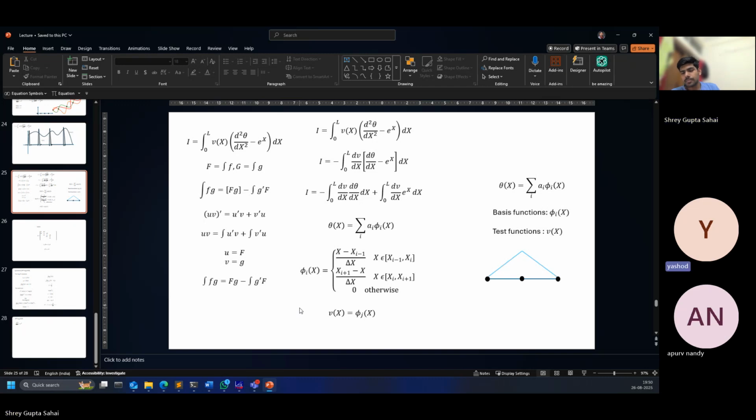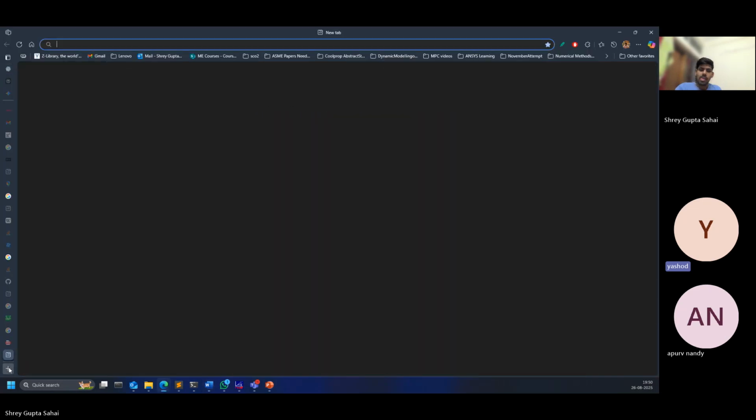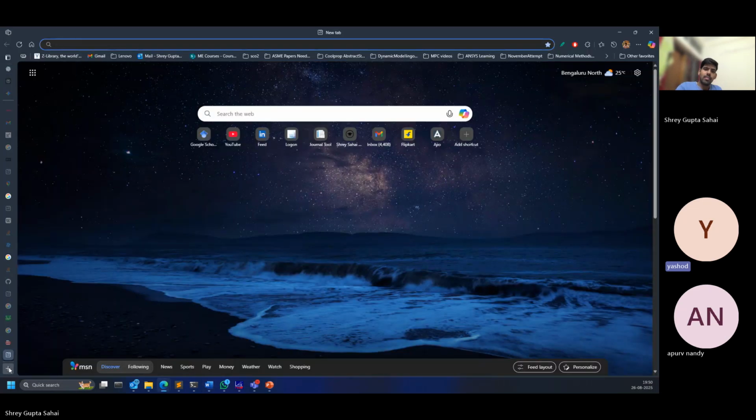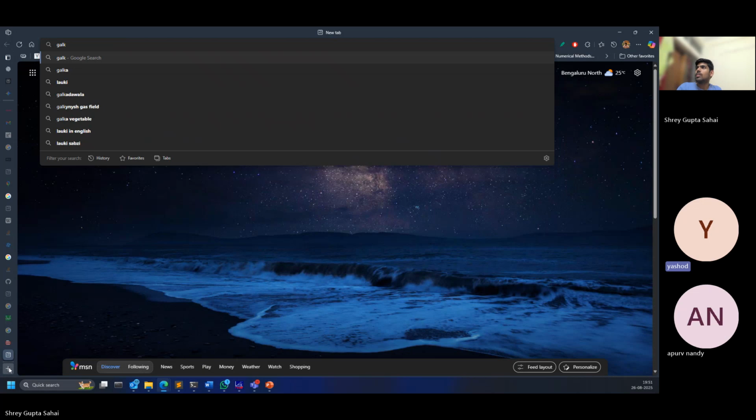Basically, I did not come across the word test function before. I heard only about basis functions, which are also called shape functions, because they describe the shape of our element.